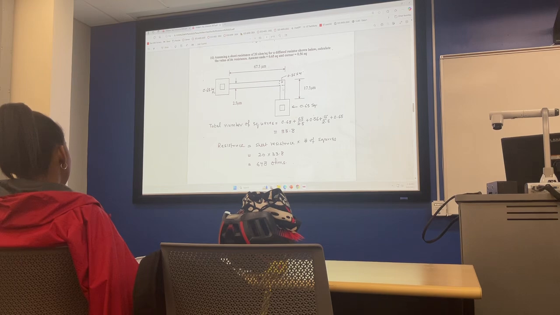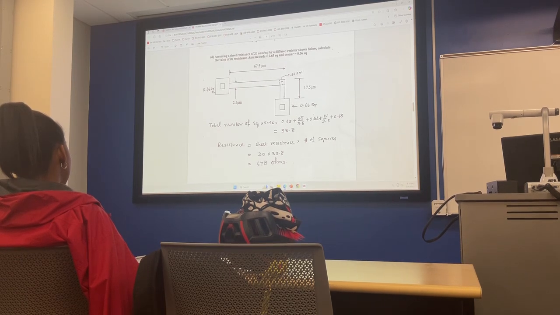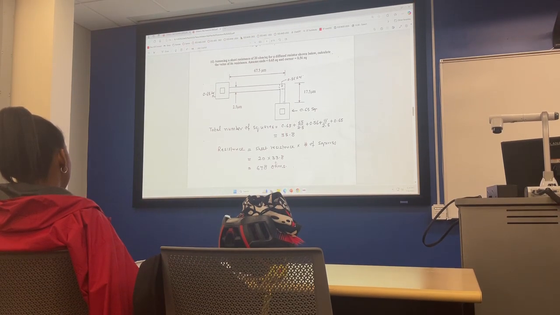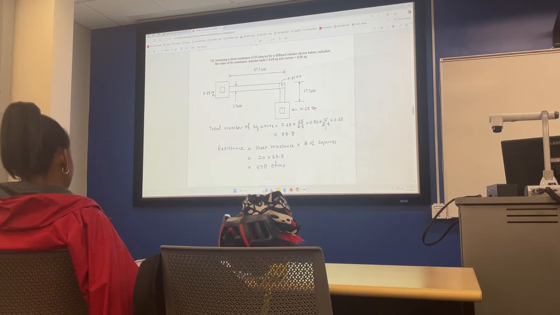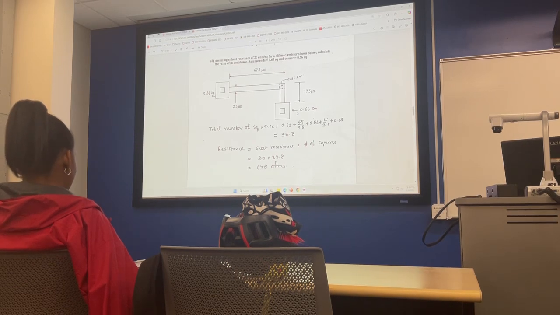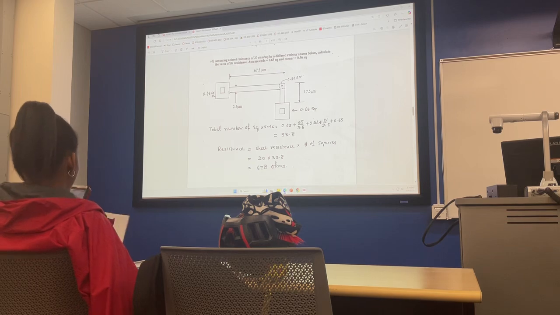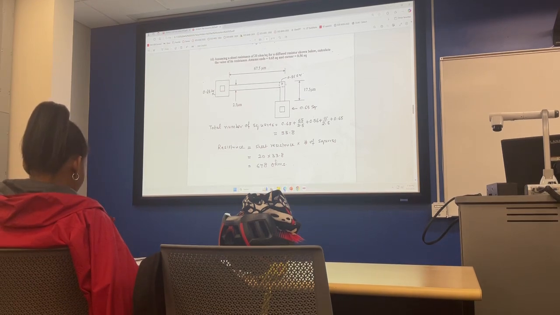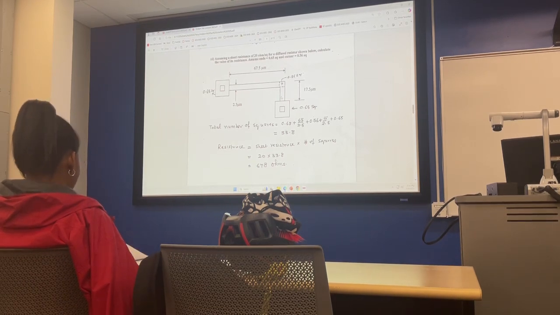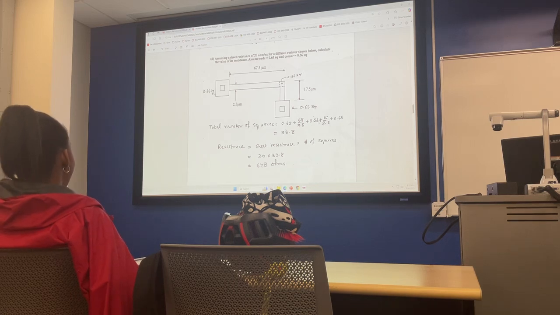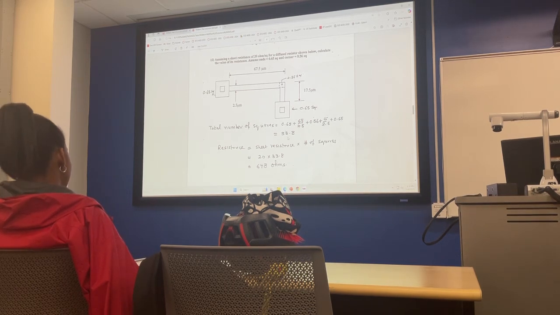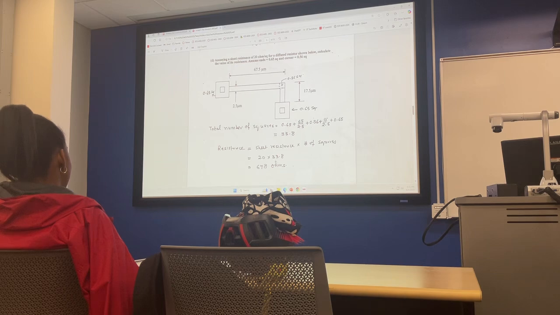Okay. And number of squares in this branch is 15, because this is 15 divided by 2.6. So now you just add these things, 0.65 from here, then this number, then corner, then this leg, and then this. So you got 33.8 squares in this whole pattern.